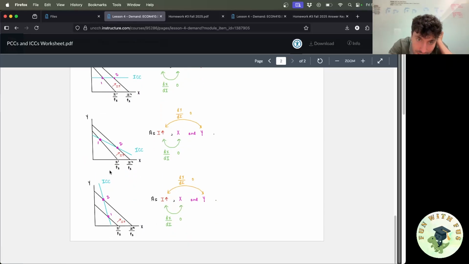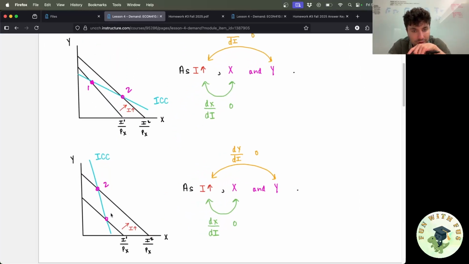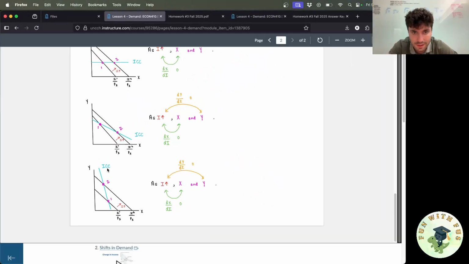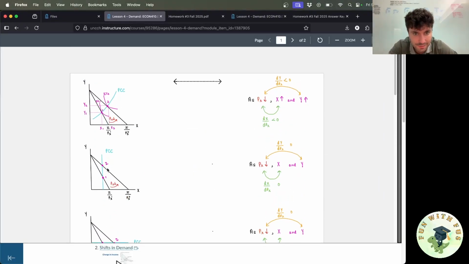So there are 2 types of income consumption curves, and this one has it labeled for you to make it more obvious that in this one, from the first point to the second point, y went down, whereas in the other, from the first point to the second point, y went up, and that's crazy. So I would not commit these to memory.